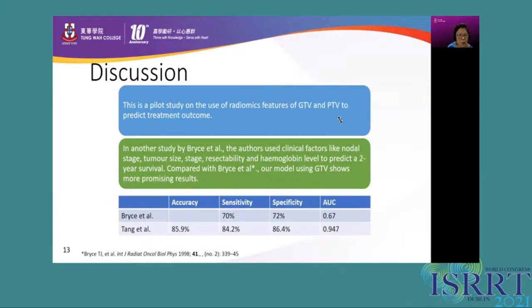Compared with another study by Bryce et al., the authors used clinical factors like nodal stage, tumor size, stage, resectability, and hemoglobin level to predict a 2-year survival. Compared with Bryce, our model using GTV shows more promising results. As you can see, the accuracy, sensitivity, specificity, and the AUC below, ours had a much higher accuracy.